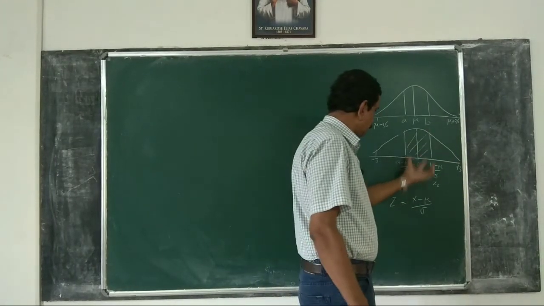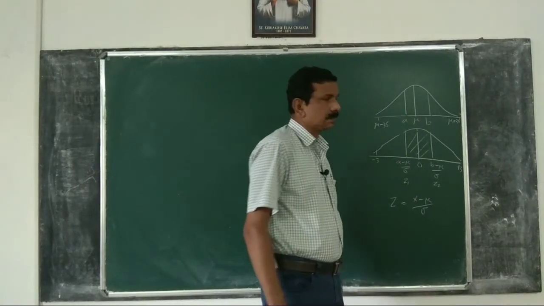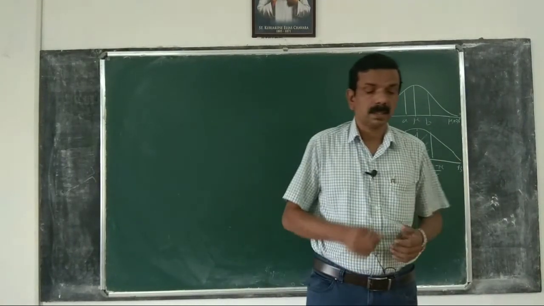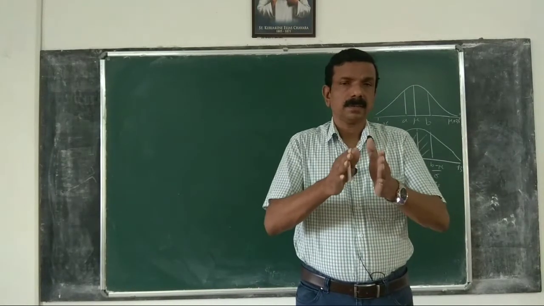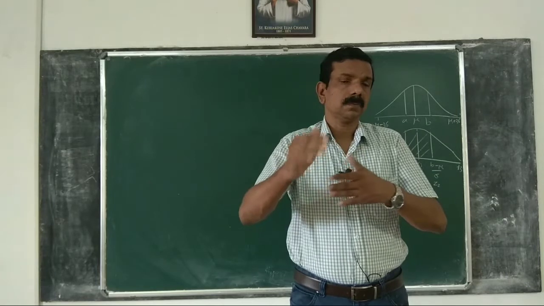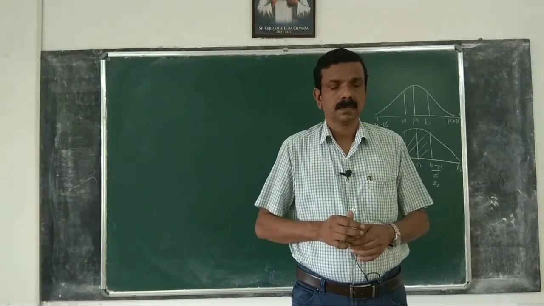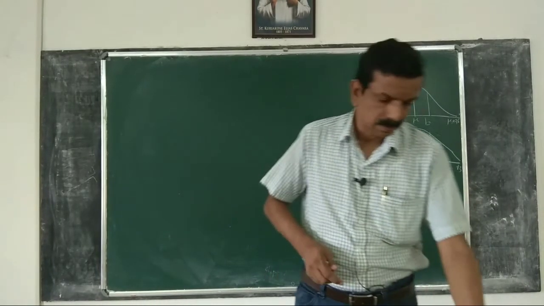For finding out these areas, standard normal tables are prepared by the statisticians and available in the appendix of all the books of statistics. So let me consider some examples.